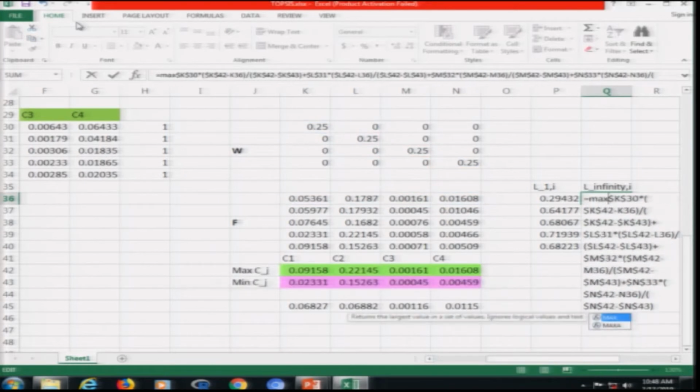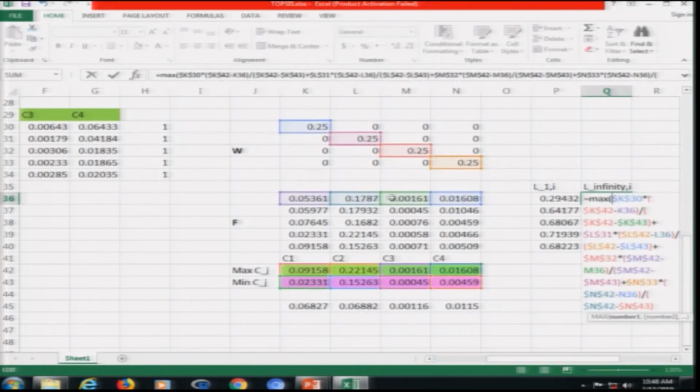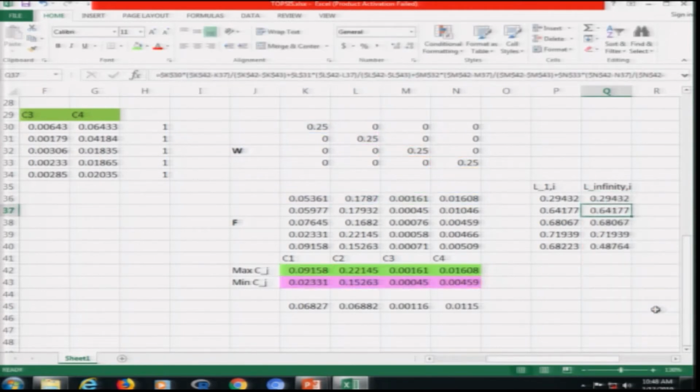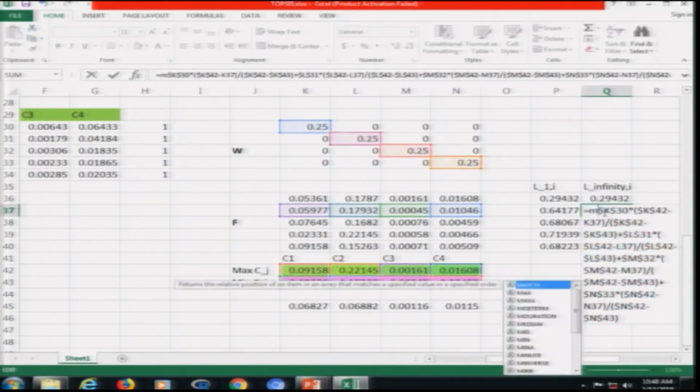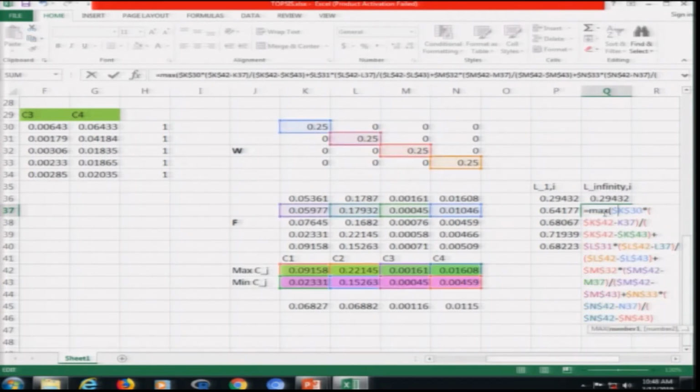So, I put max, and for the last cell also I put a maxima. I have to basically find out the maxima of all the values. So, the plus becomes a comma, it becomes a comma.